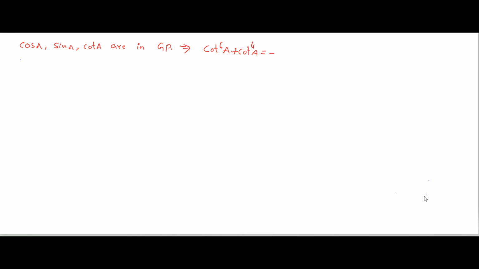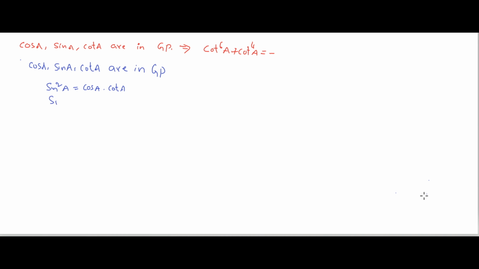cos a, sin a, cot a are in GP, then find the value of cot⁶a + cot⁴a. Here it is given that cos a, sin a, cot a are in GP, which means b² = ac, that is sin²a = cos a × cot a.